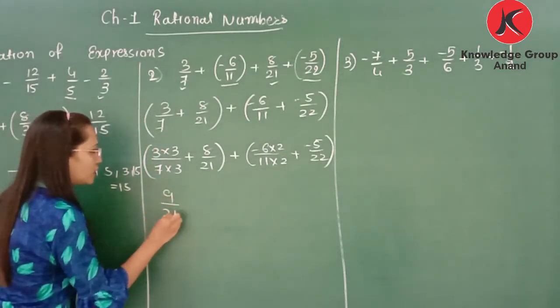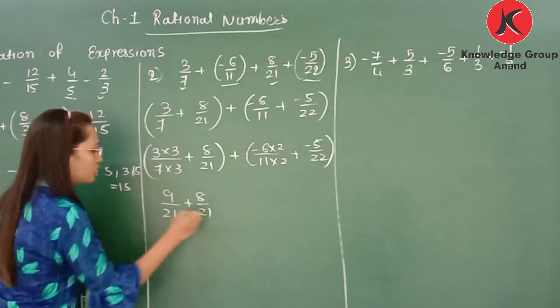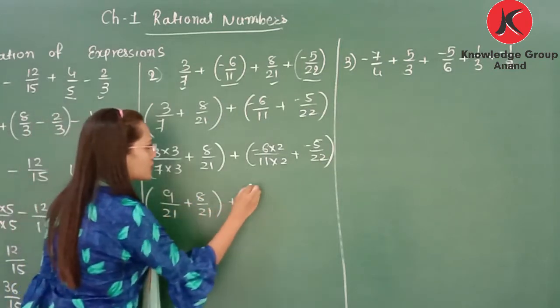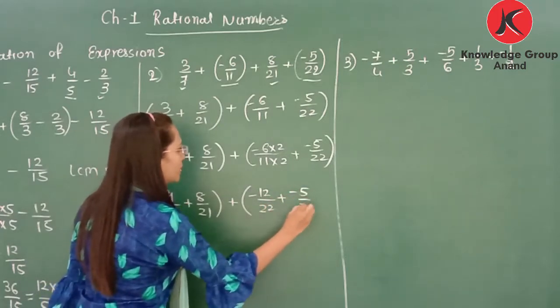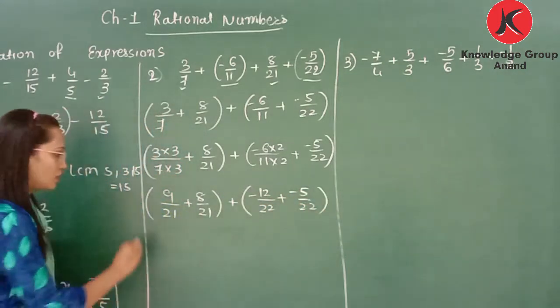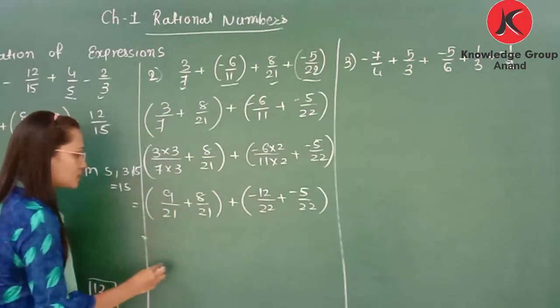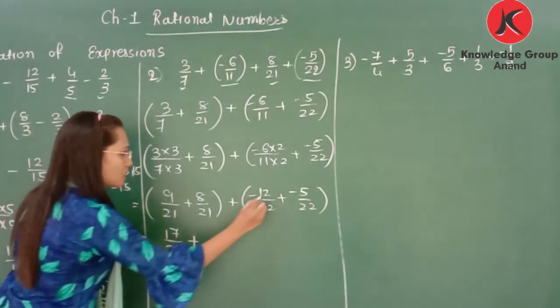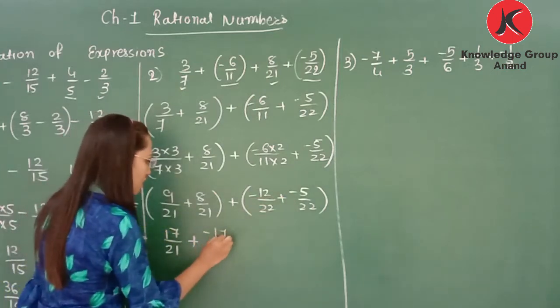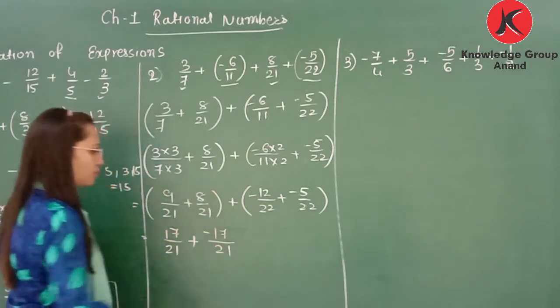Now 9 by 21 plus 8 by 21 plus minus 12 by 22 plus minus 5 by 22. Now 8 plus 9, 17 by 21 plus minus 17 by 22.